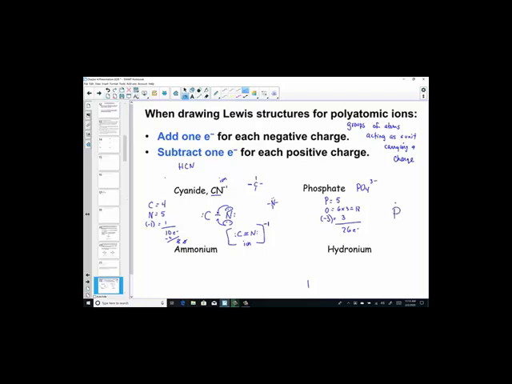So phosphorus, reaching out to each of those oxygens, that used 2, 4, 6, 8. 16 electrons left. 1, 2, 3, 4, 5, 6, 7, 8, 9, 10, 11, 12, 13, 14, 15, 16, 17, 18.